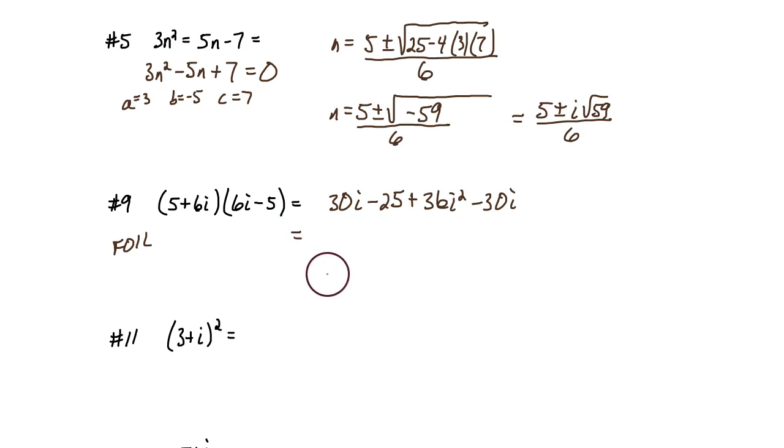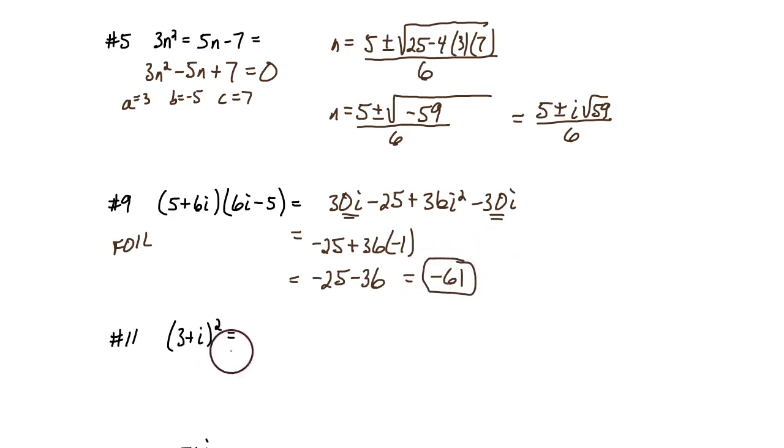When you combine like terms, do you notice the 30i and then the minus 30i? Those are going to cancel away. So we have negative 25 plus 36 times negative 1, because the i squared is negative 1. So this is negative 25 minus 36, which combines together. The answer is negative 61.